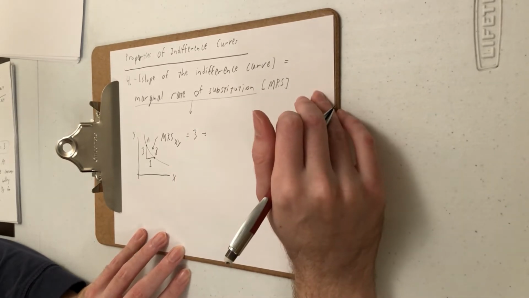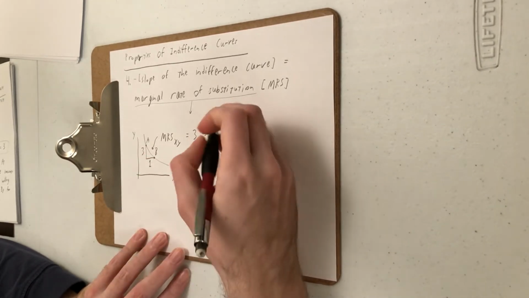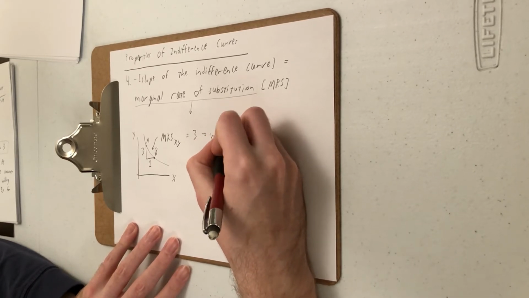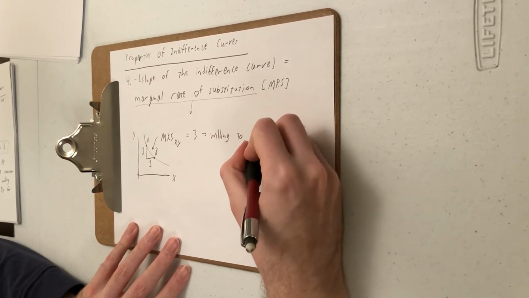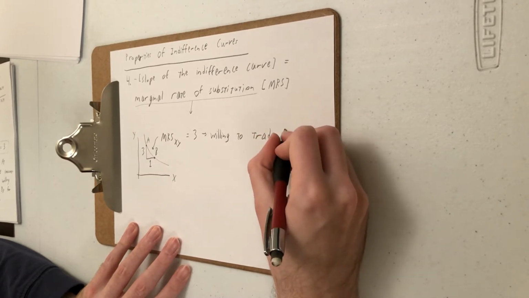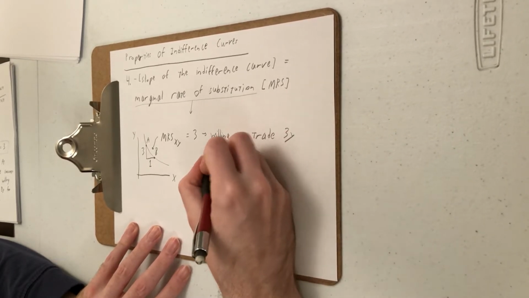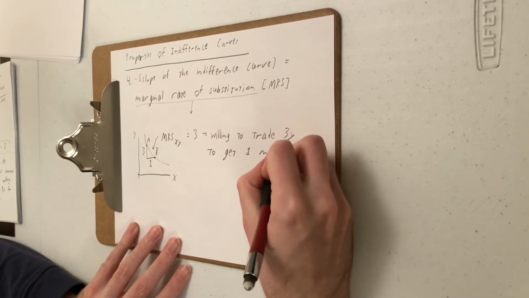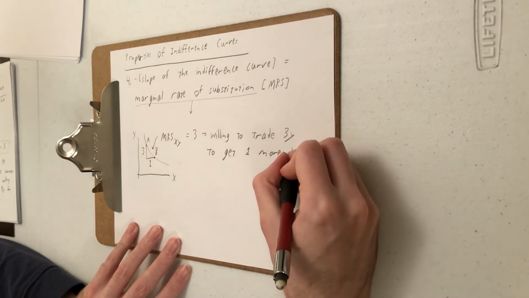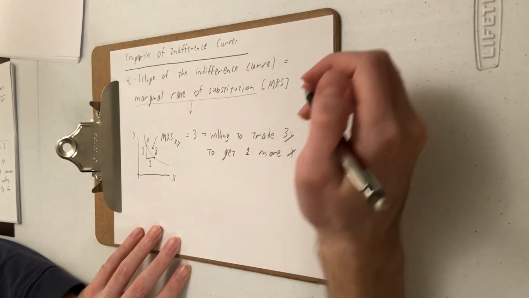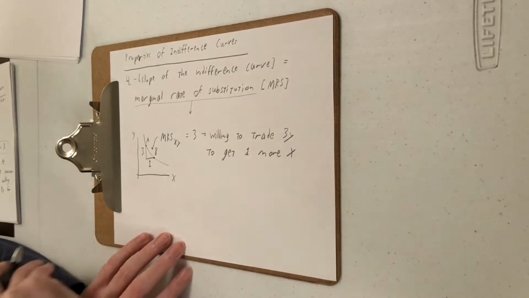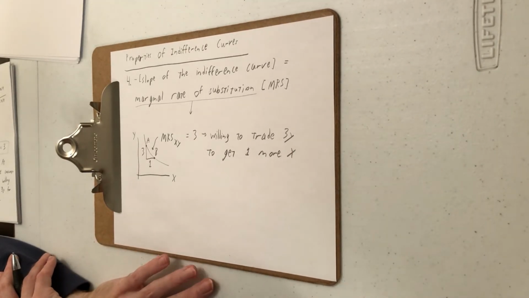So you're willing to trade 3Y for 1X. So the MRS is the willingness to exchange the two goods, X and Y.